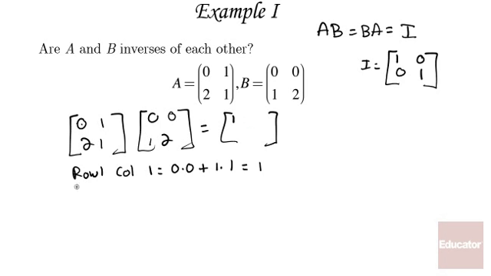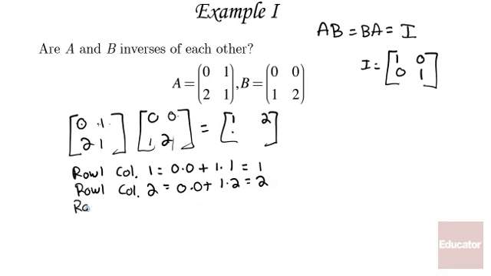Now, row 1, column 2. 0 times 0, plus 1 times 2. That's 0 plus 2, so that's 2. So in this position, I'm going to get 2.